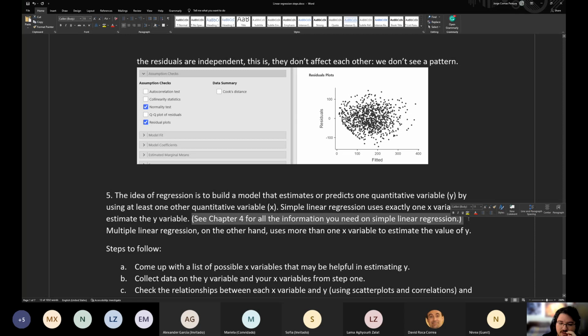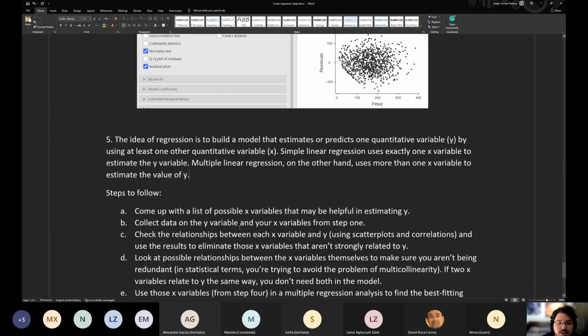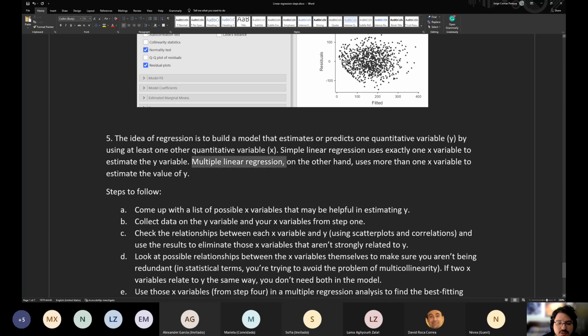From the book. I got this information, sorry. Multiple linear regression, on the other hand, uses more than one x variable to estimate the value of y. Okay, but multiple linear regression is basically the same set of ideas.